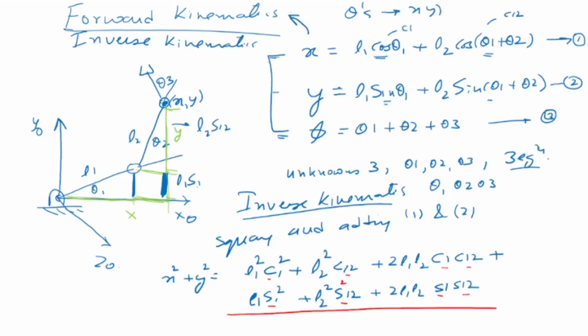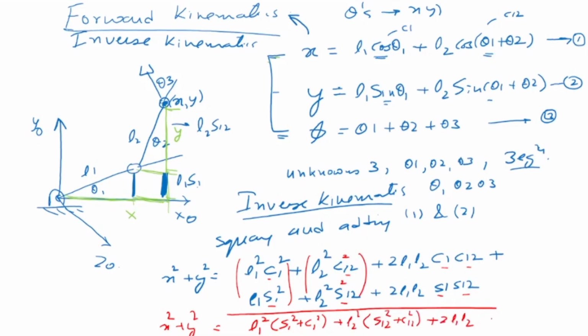So basically I can add this and this, so x squared plus y squared will become equal to L1 squared times sine 1 squared plus cos 1 squared, where sine squared plus cos squared becomes 1. Plus L2 squared times sine 12 squared plus cos 12 squared. Plus twice L1 L2, and inside it will be cos 1 cos 12 plus sine 1 sine 12.